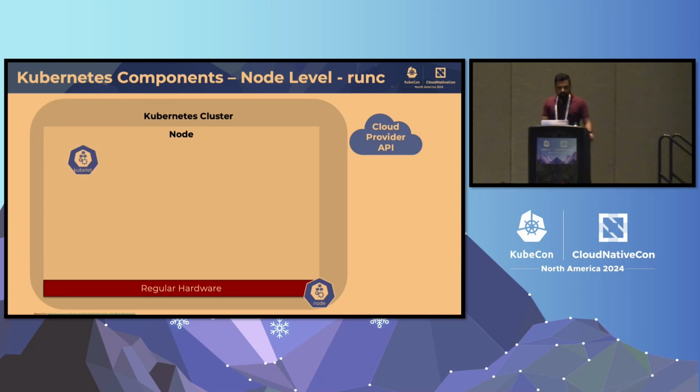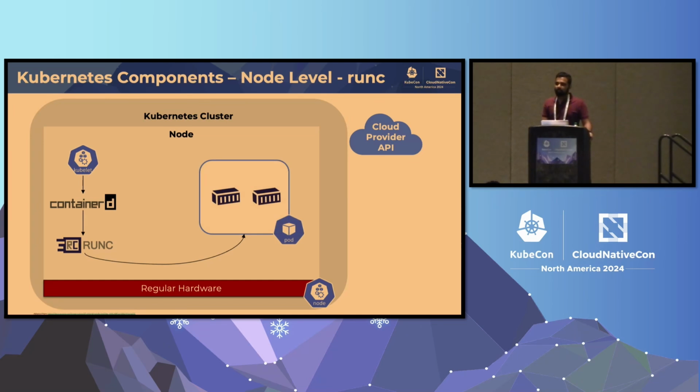The typical interaction is that kubelet gives the instructions to containerd. The containerd then uses runc to start the application, or pods in this case. So there's nothing fancy here. Obviously, there is a lot that goes on behind the scenes, but I'm making it a bit crisp. There are image pulls and stuff like that. So the pod comes up, but this is a general interaction, right? Slowly we'll build on top of this.